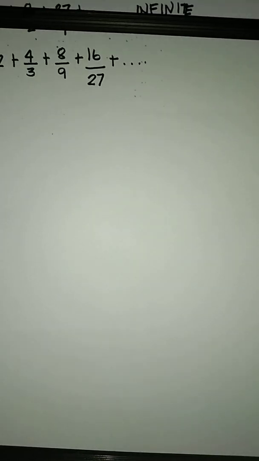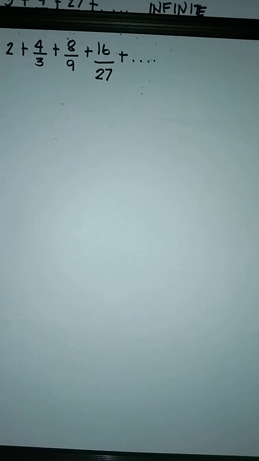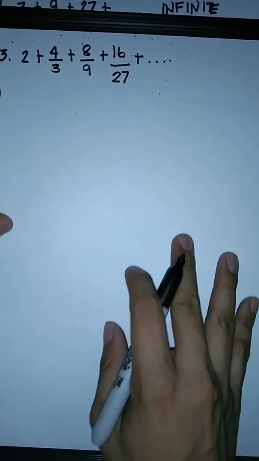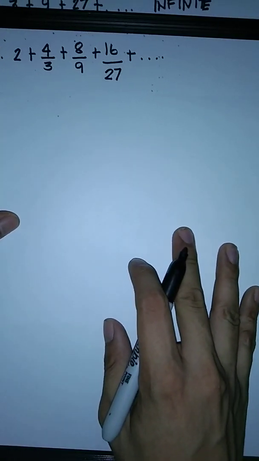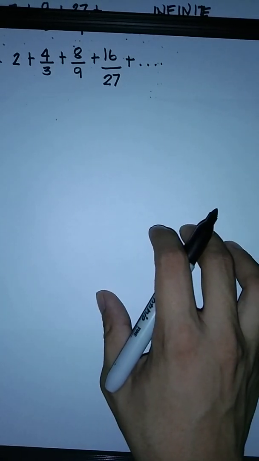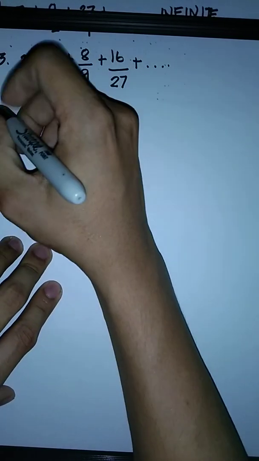Last number, we have yung ating given na 2 plus 4 thirds plus 8 over 9 plus 16 over 27. So, ngayon, hanapin muna natin ulit yung kanyang common ratio.